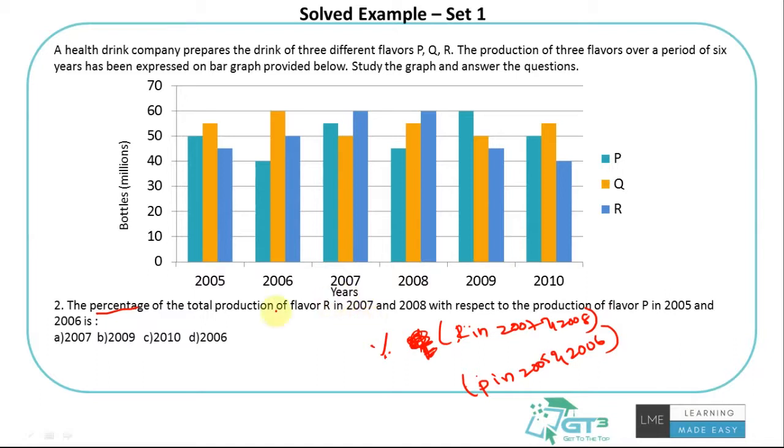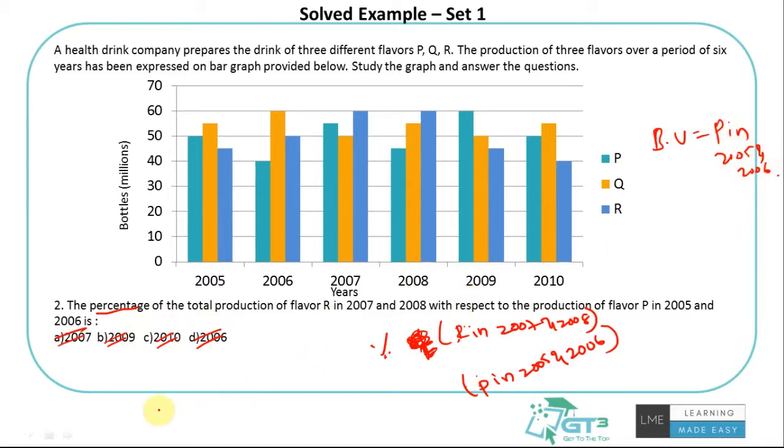So these are the options that we are seeing in the last question. So we'll just calculate and we'll look at what's the value. Don't worry about the options. So it is like this. They are asking the percentage of the total production of flavor R with respect to the production of flavor P. So the base value for me is P in 2005 and 2006.